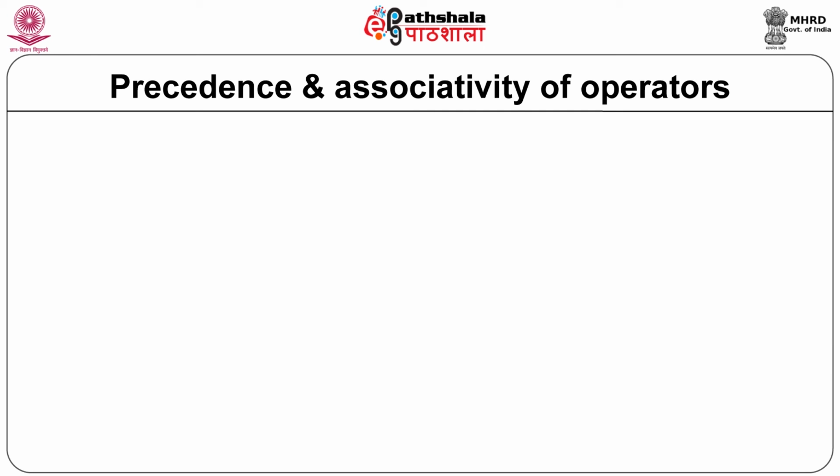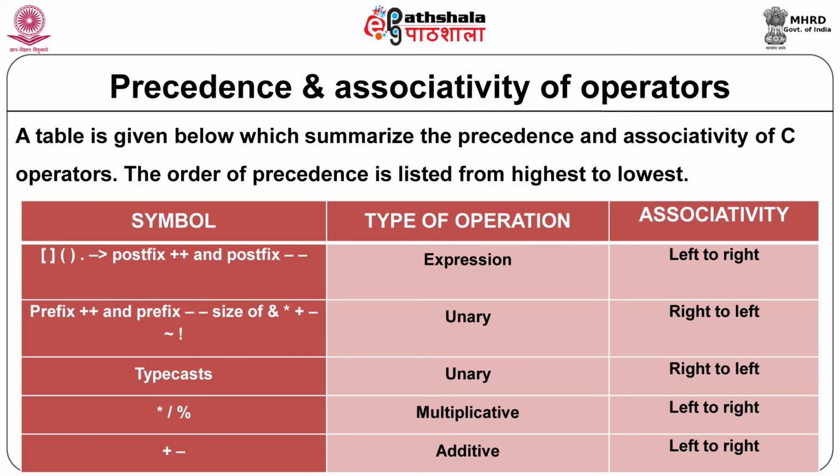Now, precedence and associativity of operators. You can see there are different operations given like expression, unary, multiplicative, additive, etc., and their associativity from left to right. You can see first there is the square bracket, then the conventional bracket, dot, arrow, postfix and prefix, etc. The expression execution will follow from left to right.